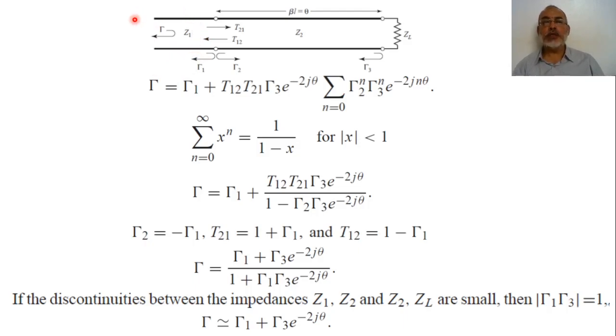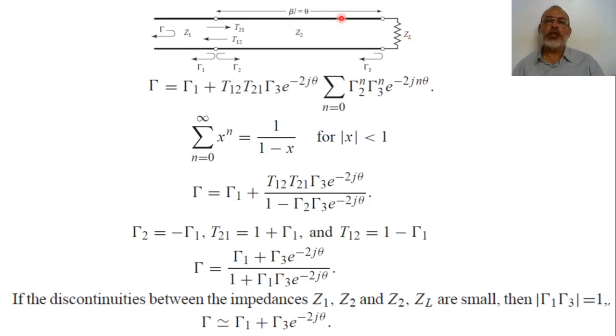Now let us assume that the difference between Z2 and Z1 is very small, and the difference between Z load and Z2 is very small. This means that the value of gamma 1, which is Z2 minus Z1 over Z2 plus Z1, is a very small value, close to 0. It is not exactly 0, but close to 0.